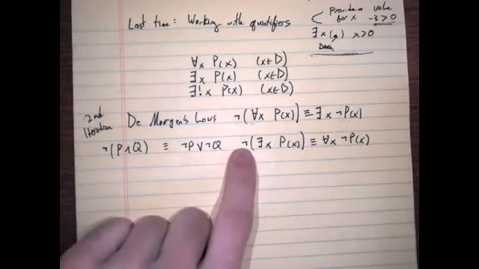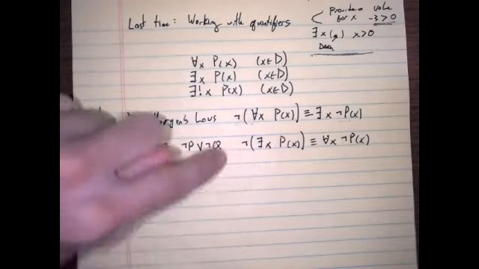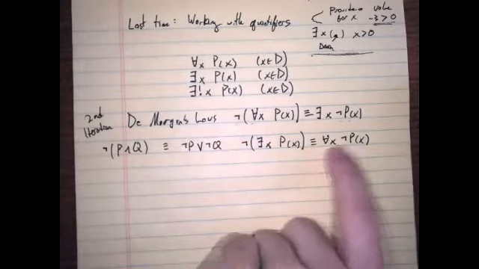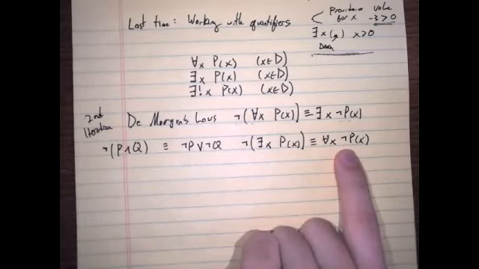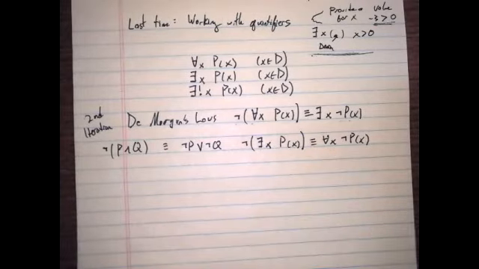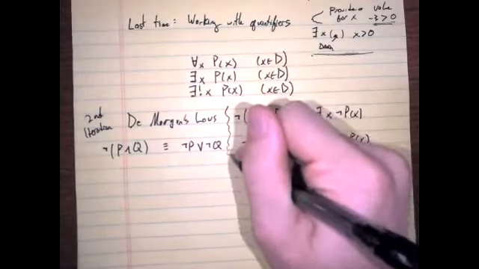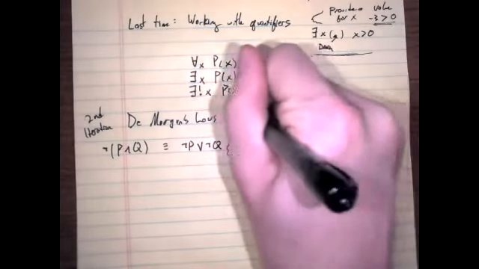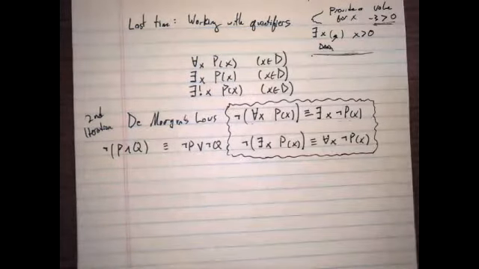Similarly, if we want to negate there exists, you can push the negation through. It becomes a for all and a negation of the proposition. Any questions on this?